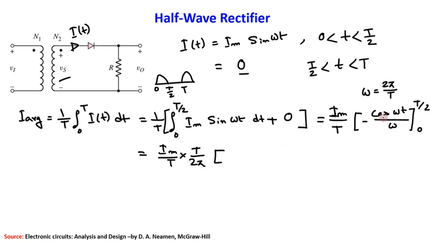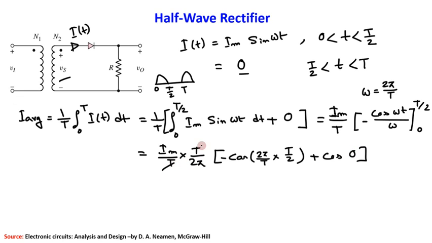And if you now substitute here cos of 2 pi by T into T by 2 with the negative sign, then plus cos of 0, right?